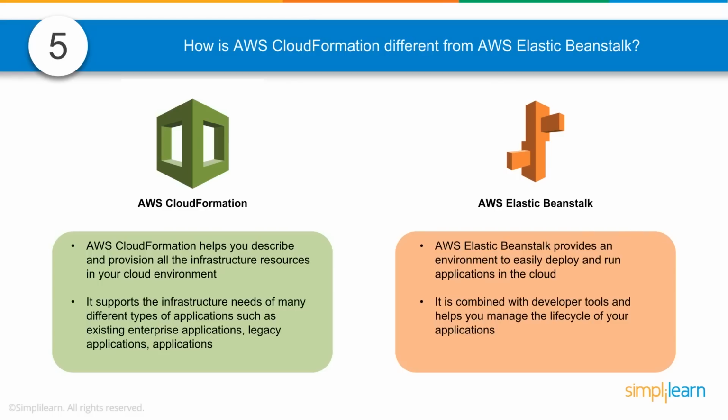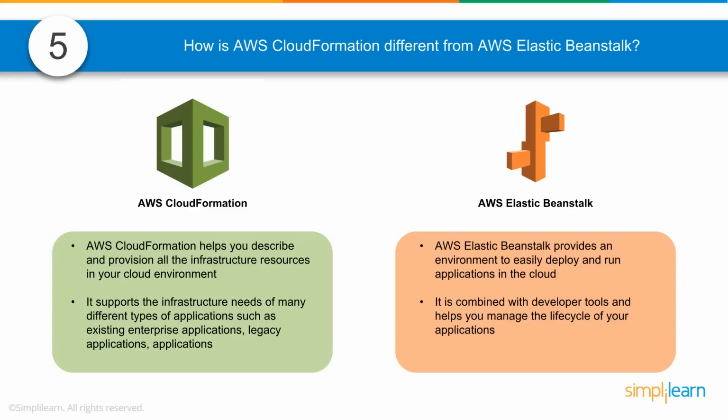Let's talk about the difference between them, and this is what you will be explaining to the interviewer or the panelist. The CloudFormation service helps you describe and provision all the infrastructure resources in the cloud environment. On the other hand, Elastic Beanstalk provides a simple environment to which we can deploy and run an application.